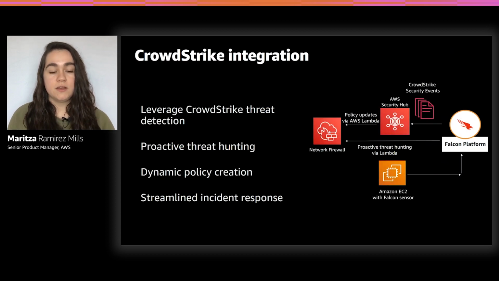Our CrowdStrike integration allows you to leverage CrowdStrike threat detection for proactive threat hunting. Using their Falcon platform, you can create dynamic policy updates within AWS Network Firewall, allowing for streamlined incident response and coverage of your AWS network, both at the host level and network-wide.